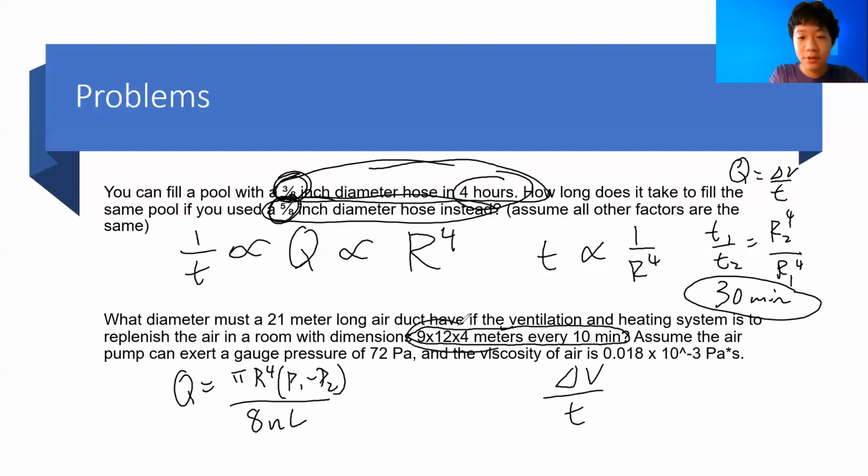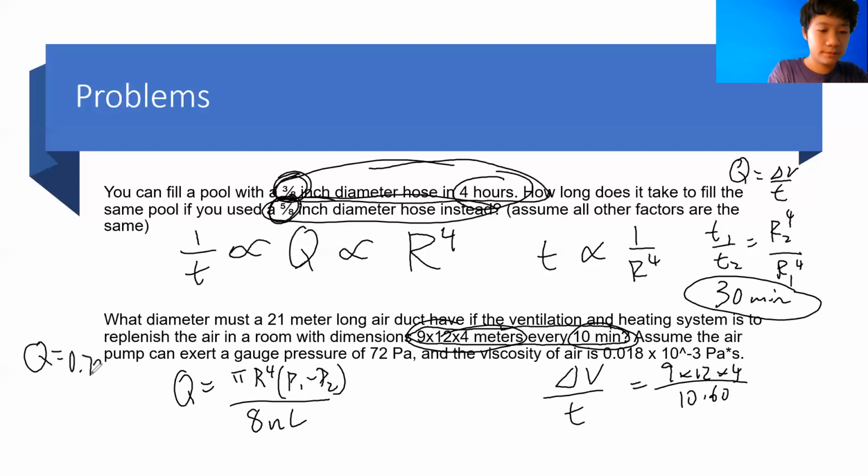So it's just the volume of the whole room divided by time. There's going to be 9 times 12 times 4 divided by 10 times 60. So 9 times 12 times 4 divided by 10 divided by 60 is 0.72. We know that Q equals 0.72.